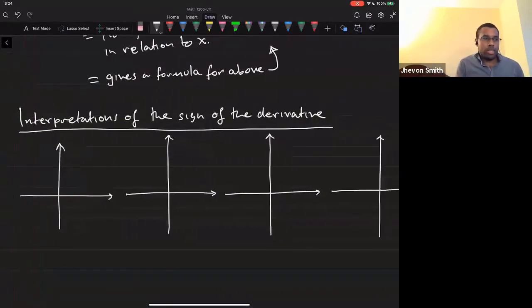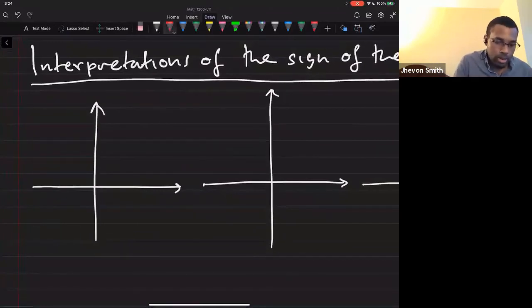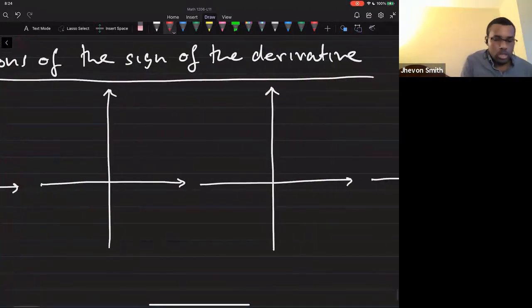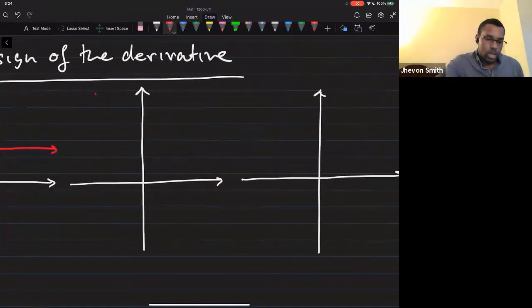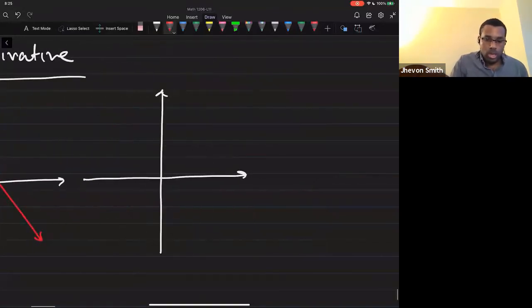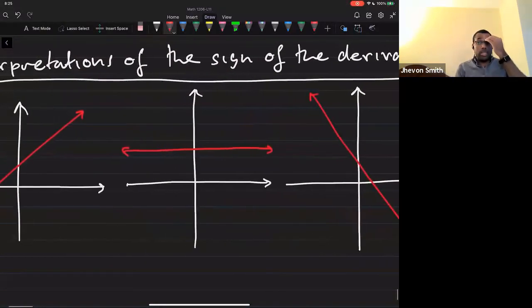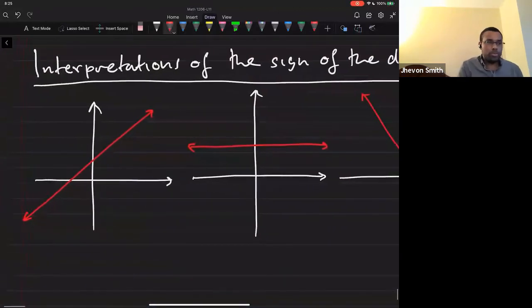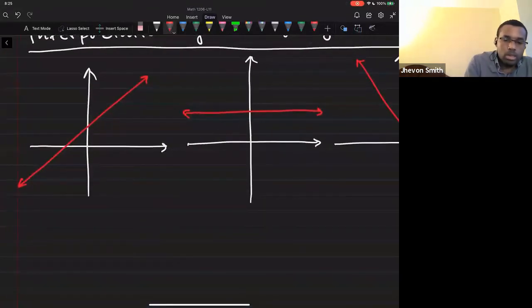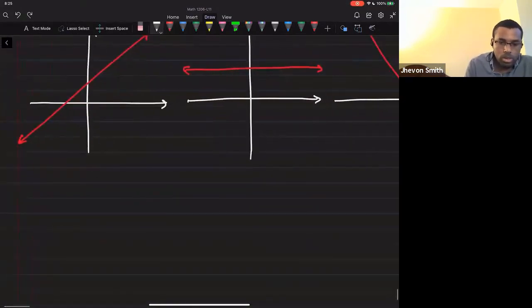So these are X and Y axes, right? Let's say I have a straight line like this, versus a straight line like that, parallel to the X axis, versus a straight line like this, versus a vertical line. So vertical, horizontal, and slanted. Here, we know that m, the slope, in this case is greater than 0.